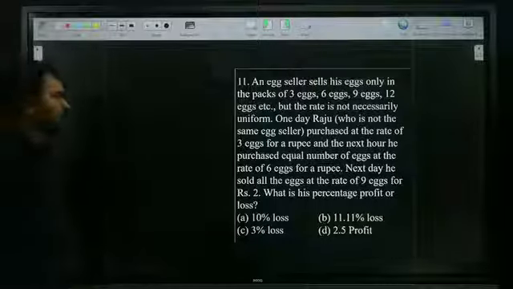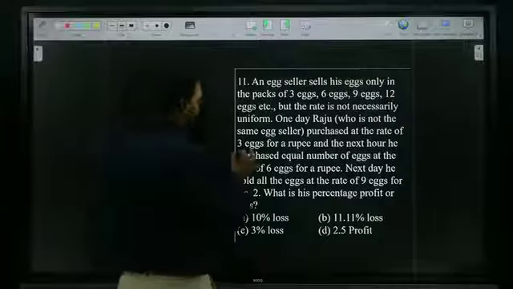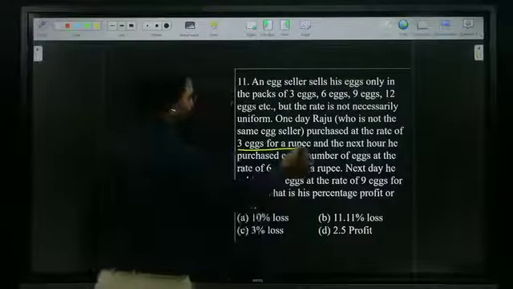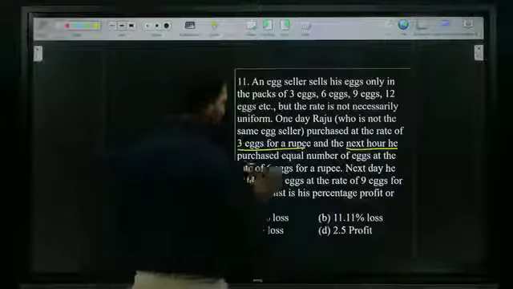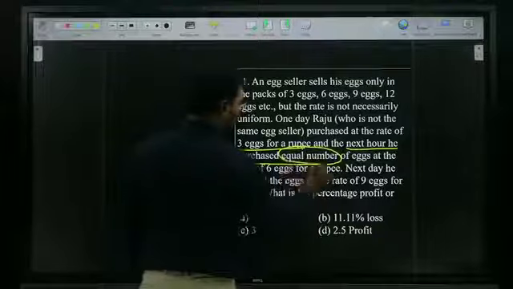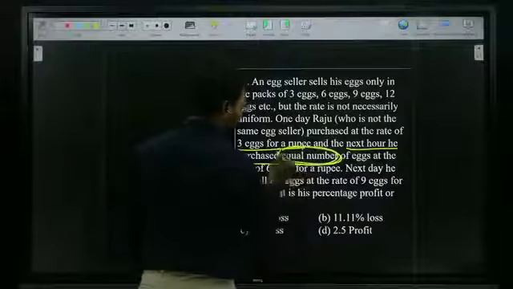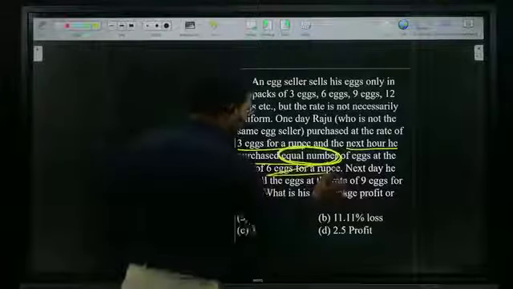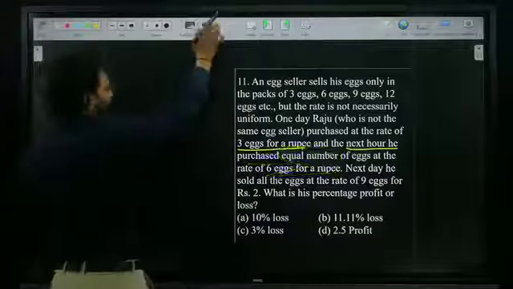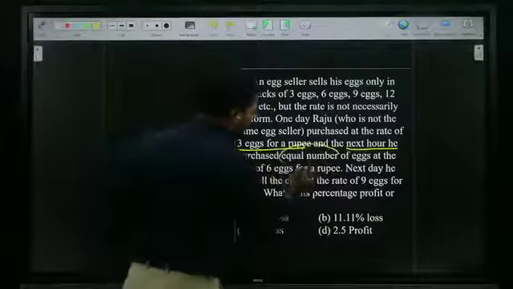One day Raju purchased at the rate of 3x a rupee. This is in one market. In the next hour, he purchased equal number. Please underline equal number. This is a very, very important keyword. Equal number of x at the rate of 6x a rupee. Please underline this one.